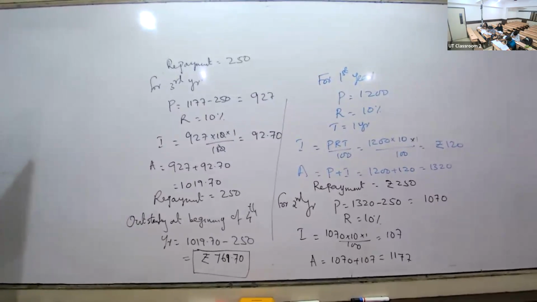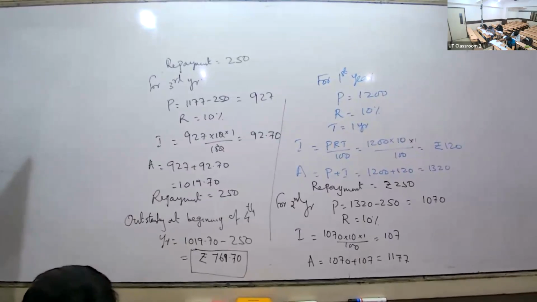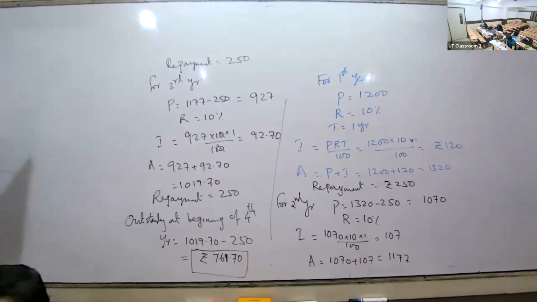Now, calculate I. I is equal to 86,250 into 15 into 1 upon 100. PRT upon 100. 86,250 into 15 into 1 upon 100. One zero is cancelled.